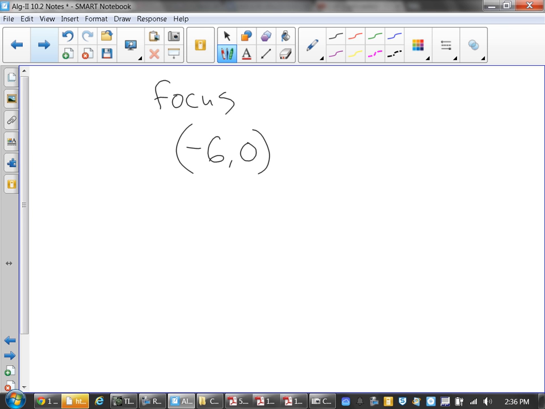If my focus is at -6 and 0, my origin is my vertex. What direction is it opening? Opening to the left. So is it x squared or y squared? It's a y squared. What is p equal to in this case? -6. That value of p is from the vertex to the focus.